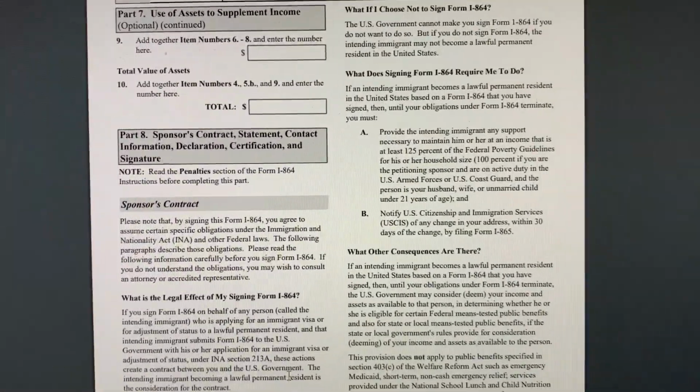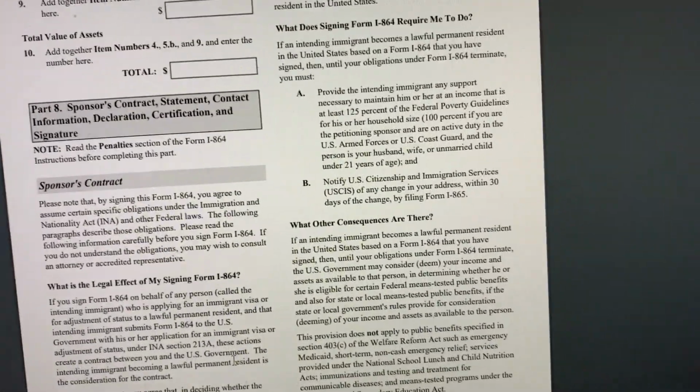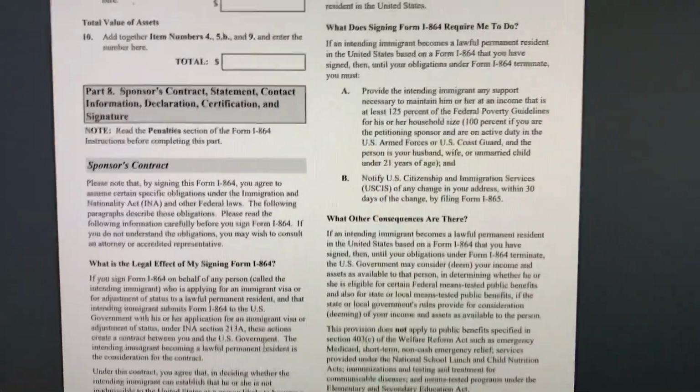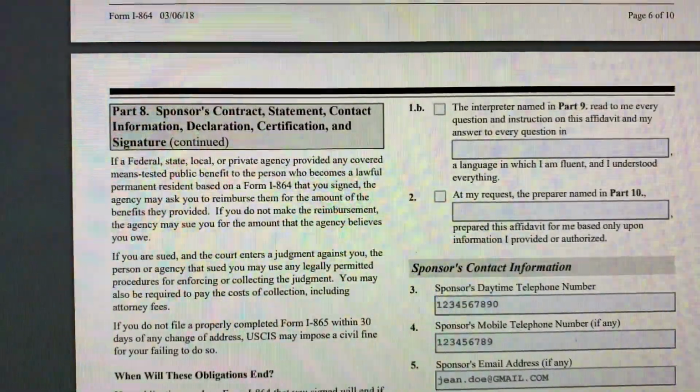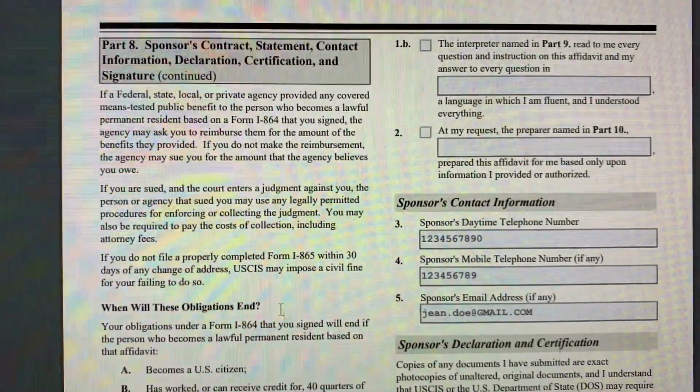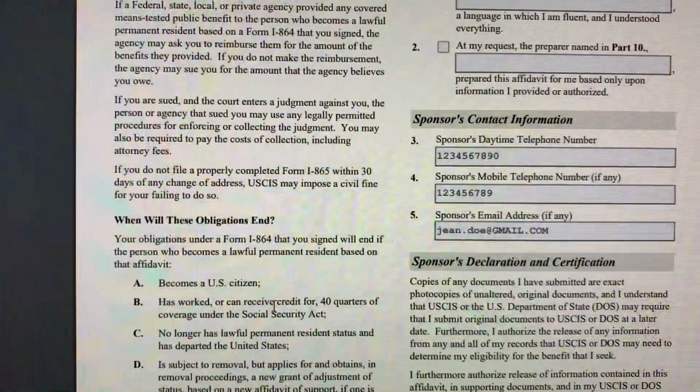Oh, this is for the legal responsibility of sponsors, so I don't need to read that. These are for the sponsors. You need to read everything from there. So moving to page 7. So another legal responsibilities and stuff.